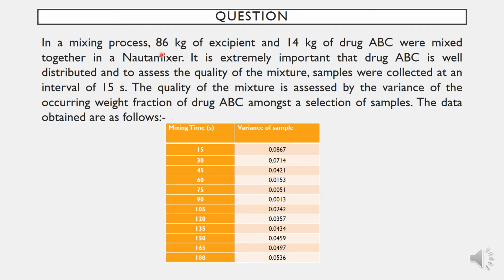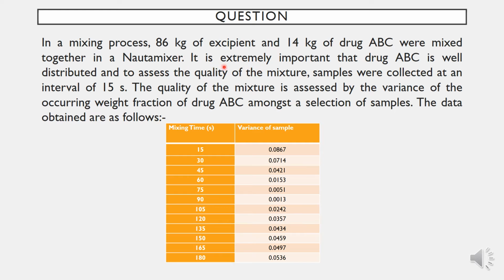You are using a mixer called a Nauta mixer. A Nauta mixer basically is a screw going around, and you mix the powder with the container being stationary, and there is something like a ribbon moving around vertically.